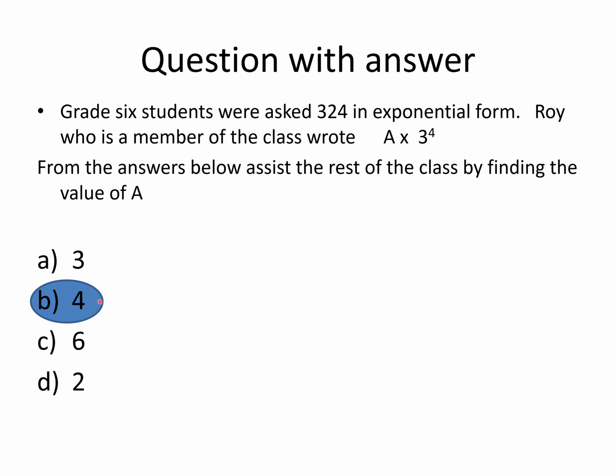In my days, when we used to do common entrance, the question used to ask us to shade, or probably they ask you to fill in the blank space, whichever is asked. We now know that the answer to that question is 4, right?